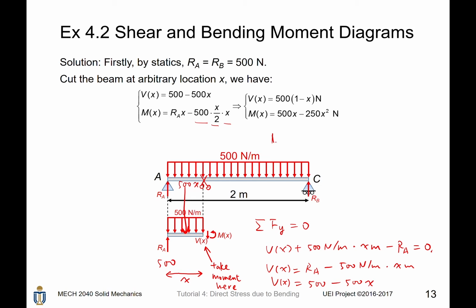Then we can write Mx equals Rax minus 500x, which is the magnitude of the distributed load, times x divided by 2. Now we have both Vx and Mx. Then we simplify them to get this result.